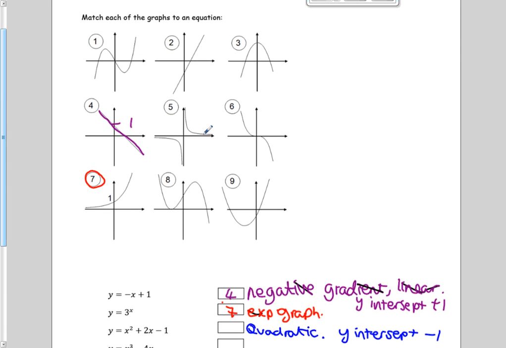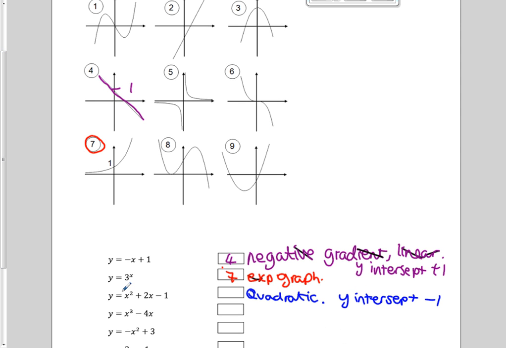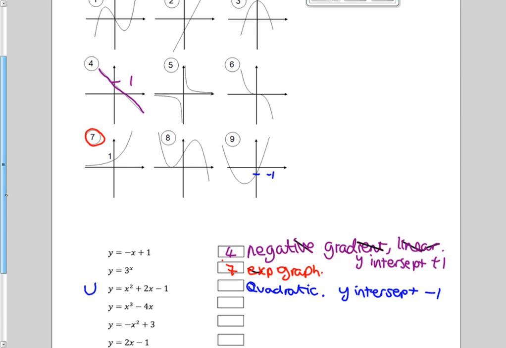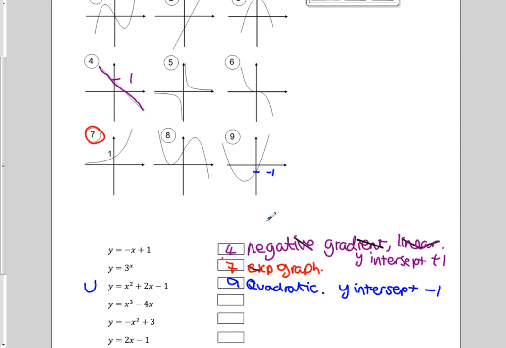So I'm looking for a quadratic which has a positive x squared, so it's going to be a U shape, which cuts the y-axis at -1. So there's only one positive x squared function, and that looks like it could be -1. So my third one matches up with number 9.